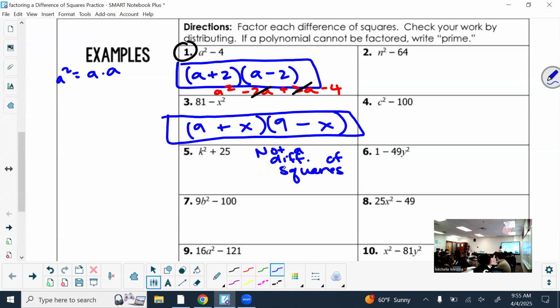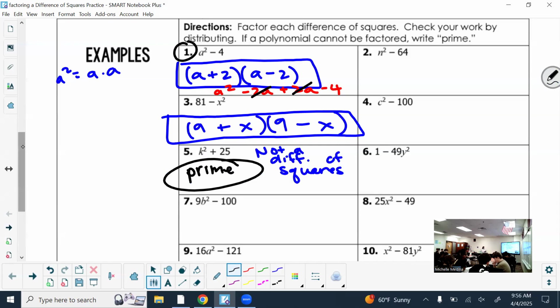So when they're not factorable by any method, we call that prime. So number 5 is prime. We can't factor it by a difference of squares. We can't factor it by GCF. There's nothing we can do. Question on that?